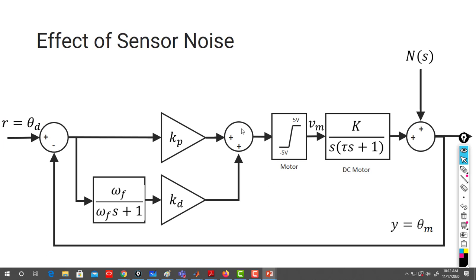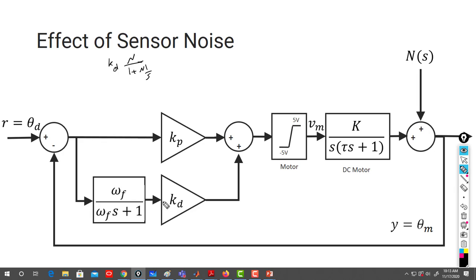Okay, so what about noise? Here is a clear wrong thing. We said this is omega F, or N. Remember we said D, or KD, then you could have N over 1 plus N times 1 over S, or omega F if you wish.